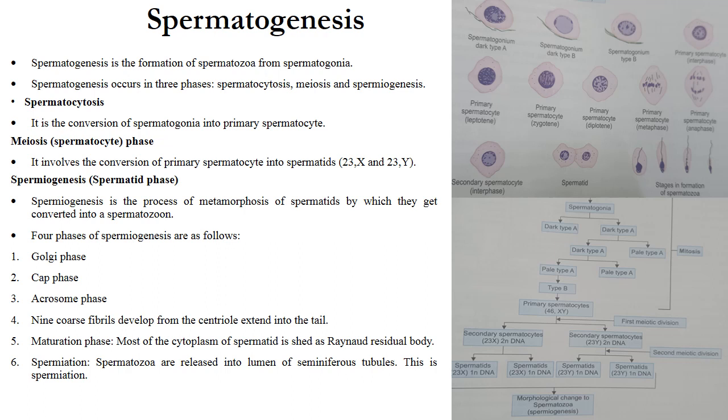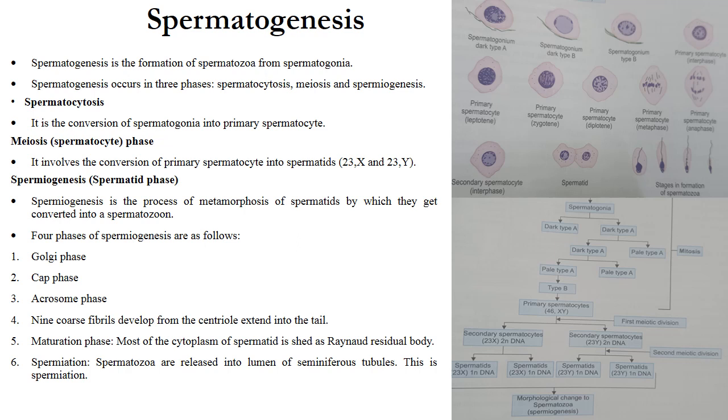Type A spermatogonia divide mitotically and form pale type A spermatogonia, and later they divide to type B spermatogonia. The type B spermatogonia on mitosis form the primary spermatocyte. Now what is the chromosomal value of the primary spermatocyte? It is 46XY.